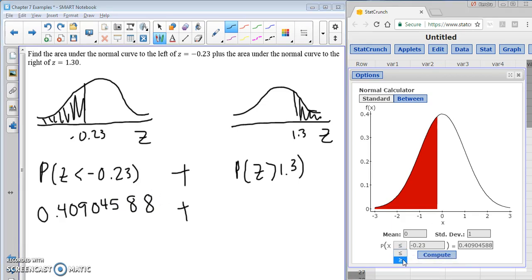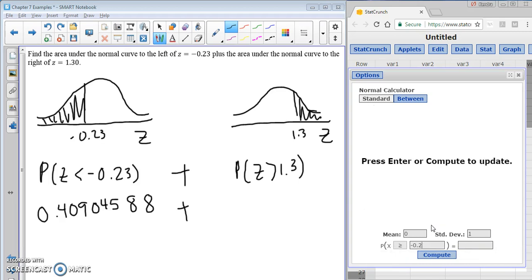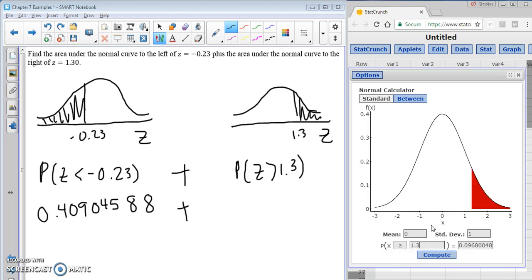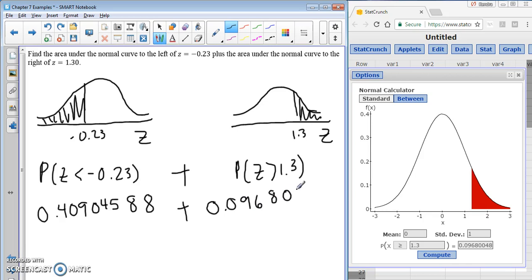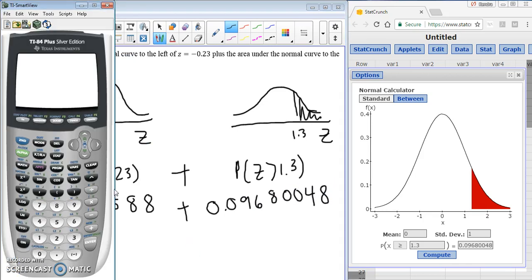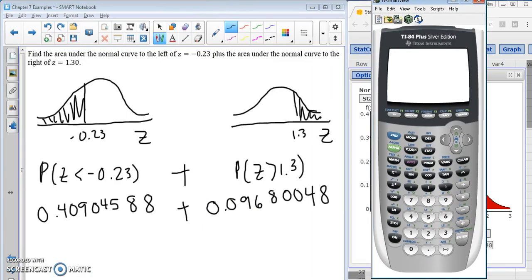We're going to switch to greater than, and we're going to look at 1.3. So this is 0.09680048.